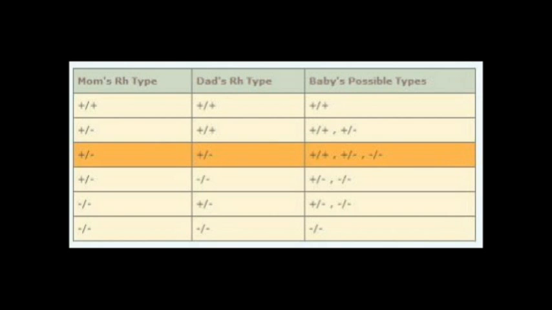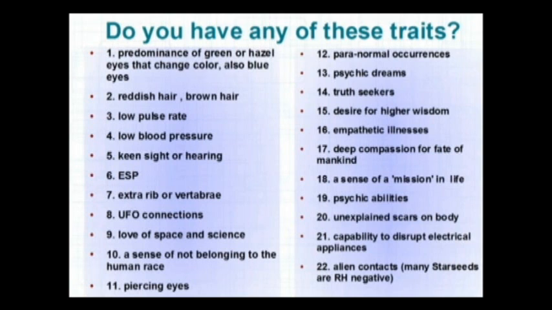The similarities of the bloodline of the O negatives is that they either have blonde, red, or they could even have black hair, but they mainly have blue eyes or green or hazel eyes that change colors.